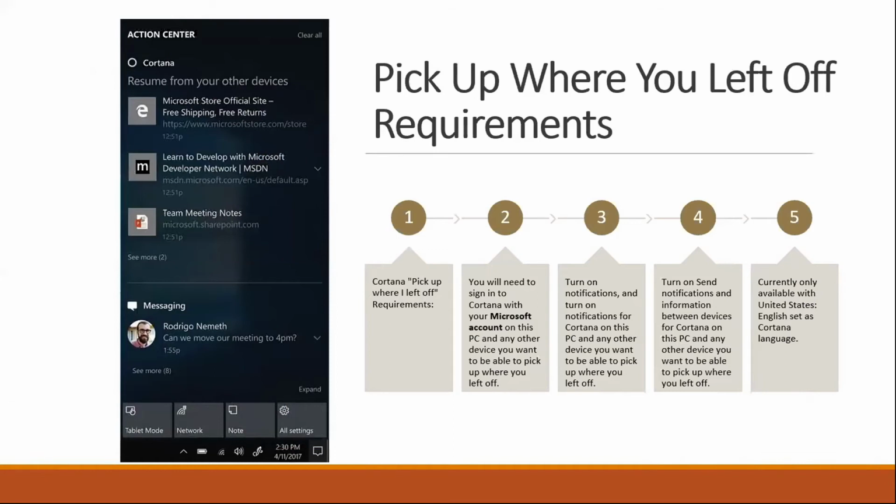And you turn on send notifications and information between devices. And of course, this is only available in the English version of Windows. But that's a means of being able to share and sync information between your PC and the device that you're using.